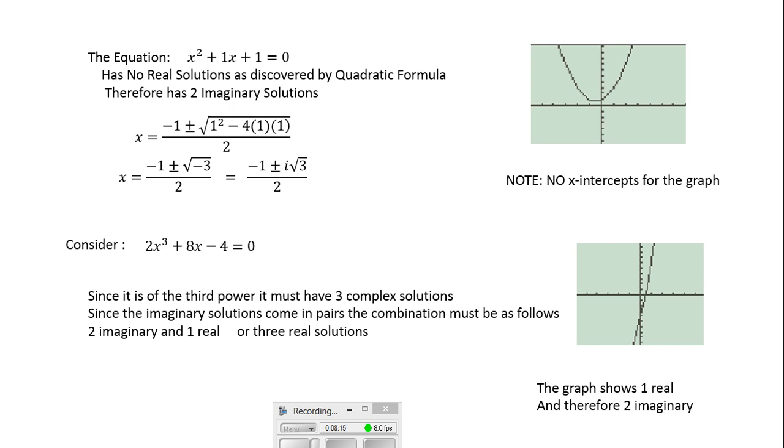Otherwise, we'd have to have three real solutions. So the picture shows us that there is only one intercept, therefore implying that there is only one real solution. There are three overall complex solutions, one real, leaving us with two imaginary, okay?